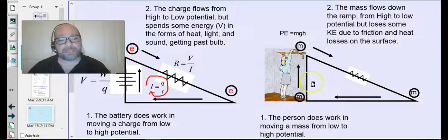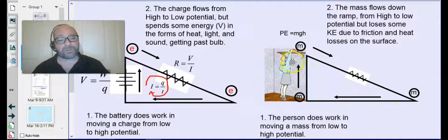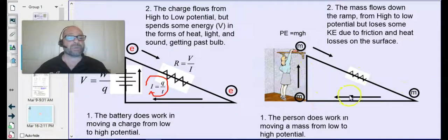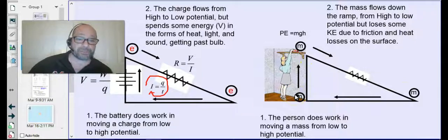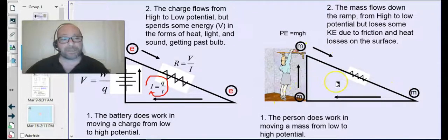So as long as this woman in the picture has the energy to continue lifting this ball, putting it up top, letting it roll down, picking it up again, and so on and so forth, she is creating what we would say is a mechanical circuit. So she is the source of the energy and the source of the flow. In the case of why the ball comes down, well, that's gravity doing the pulling.